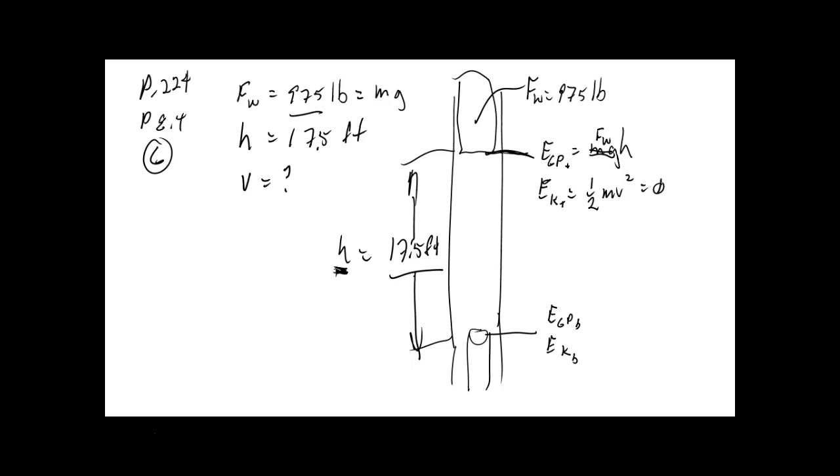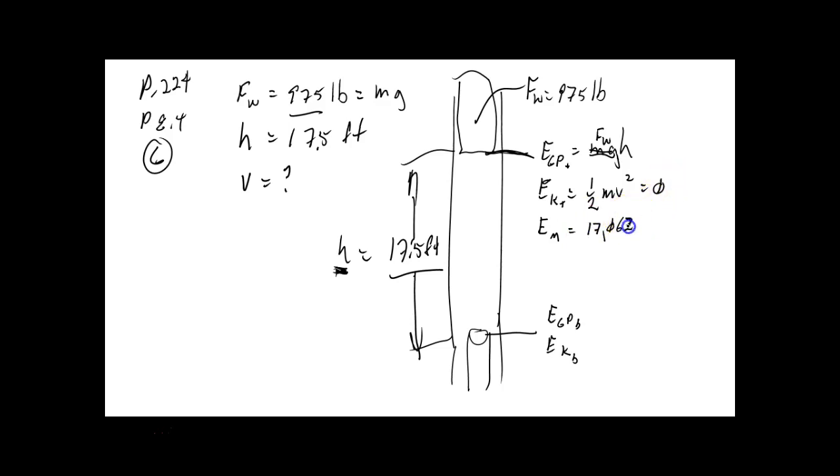Now, conservation of mechanical energy, if that's your energy at the top, that's also, so let's go and write this, E sub m for mechanical energy. Fill me in. 975 times 17.5. 17,062.5. Okay, a little bit slower. 17,062.5.